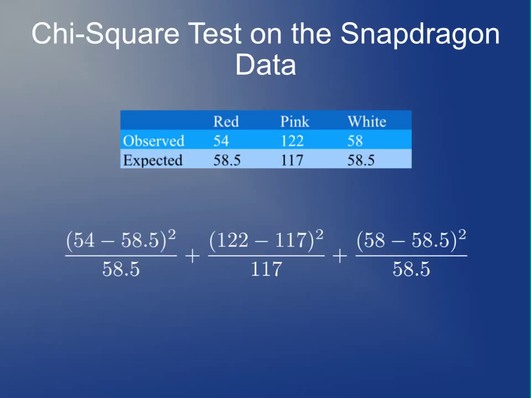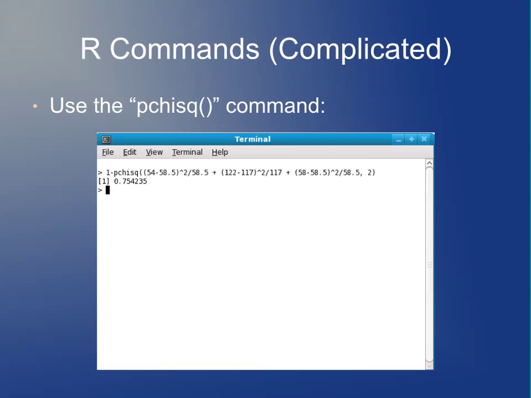At any rate, to calculate this on the snapdragon data, remember the observed values were 54, 122, and 58, so we take 54 minus 58.5 squared divided by 58.5, that is observed minus expected squared divided by expected, plus once again observed minus expected squared divided by expected. Take the sum across all three, and we can do this in R, and the command in R to get the appropriate p-value is called pchisq.